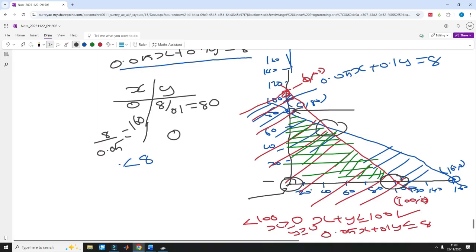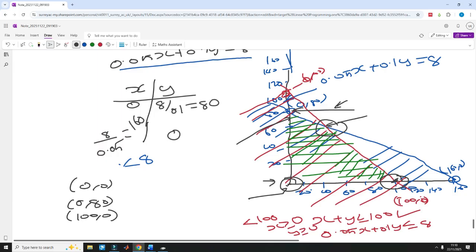One is this point, 0, 0. Another one is this point, that is nothing but 0, 80. Another point is this one, which is 100, 0.